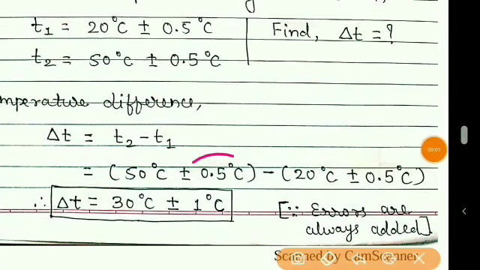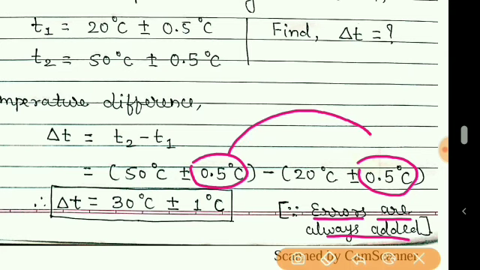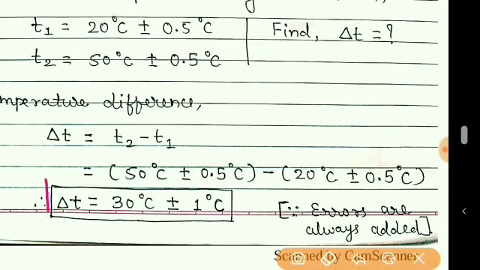But these two are absolute errors, and errors are always added, not subtracted. So 0.5 degree plus 0.5 degree gives 1 degree, and hence our final answer is delta T equals 30 degrees Celsius plus or minus 1 degree Celsius.